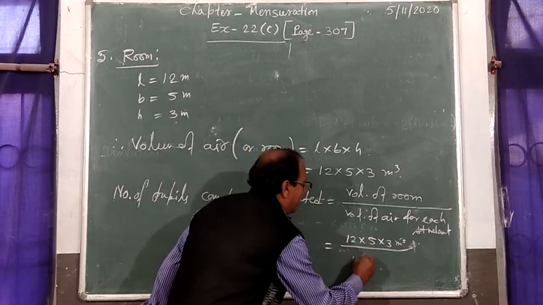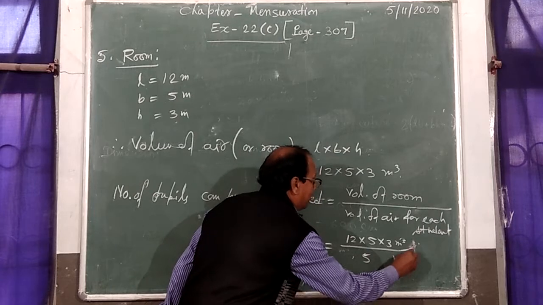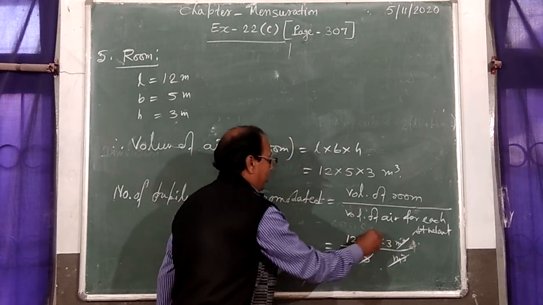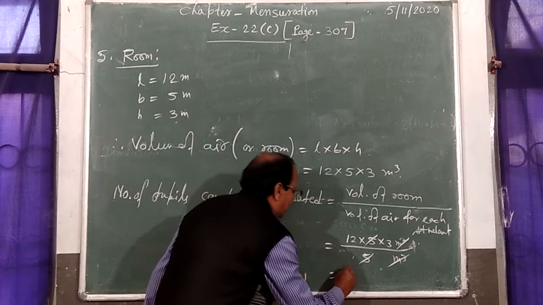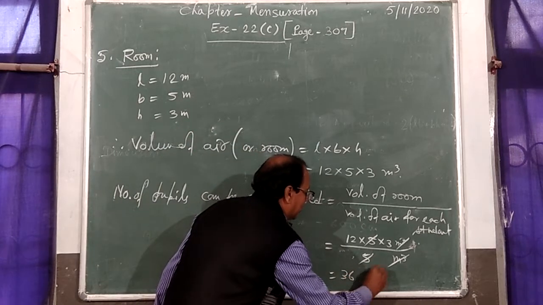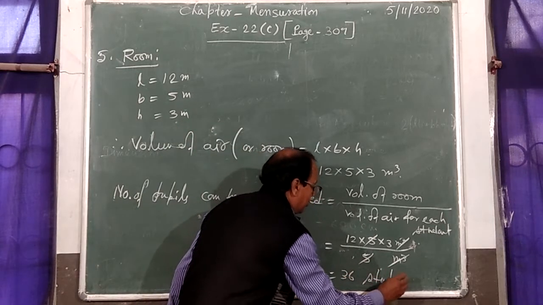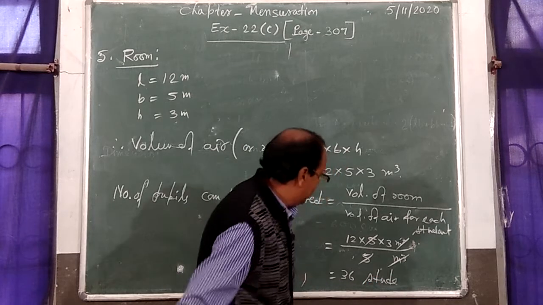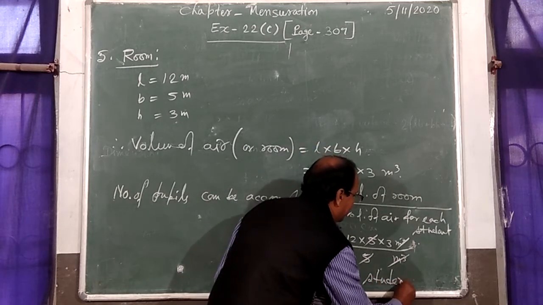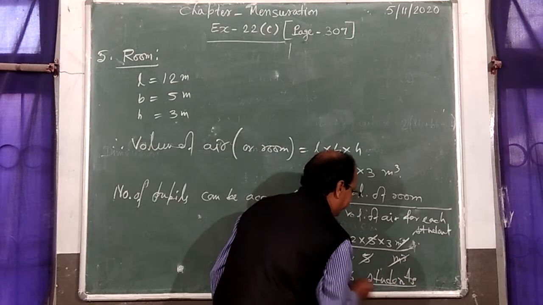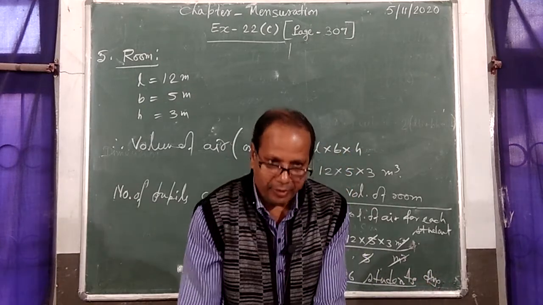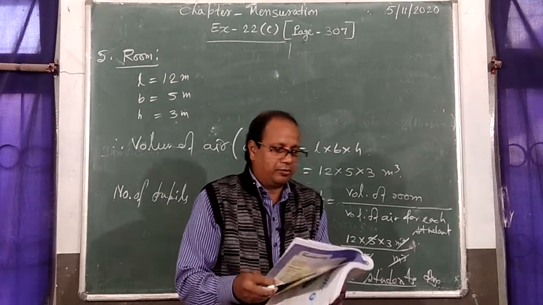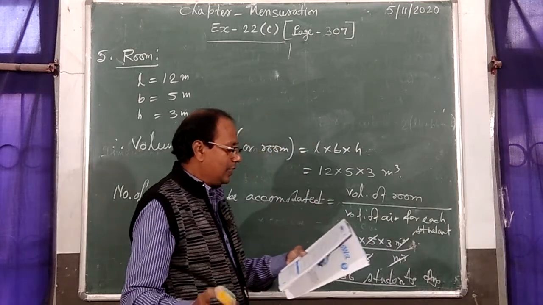So 5 meter cube will cancel 5 cancel, so we have here 12 into 3, 36 students. So this is your answer. Okay, I think you are getting it. If you have doubt, you can contact us.